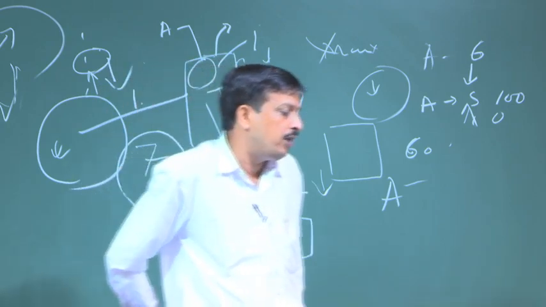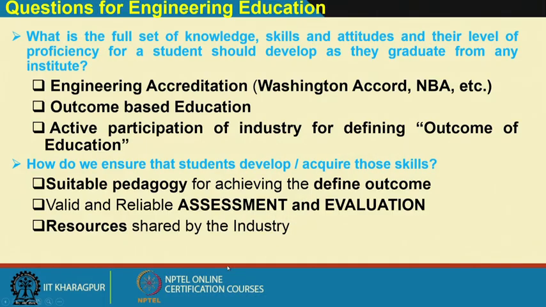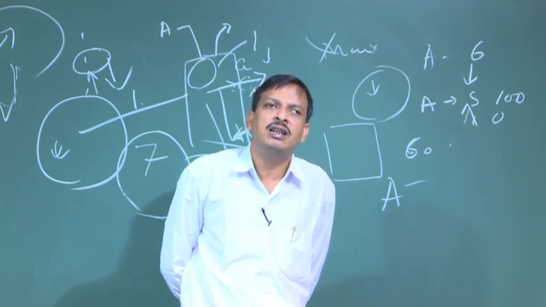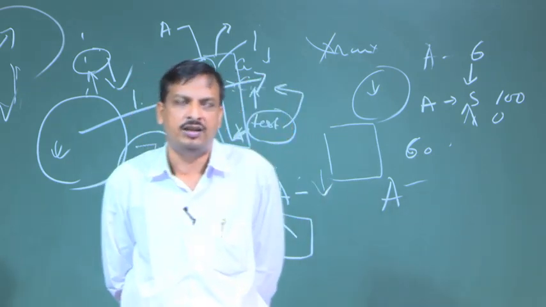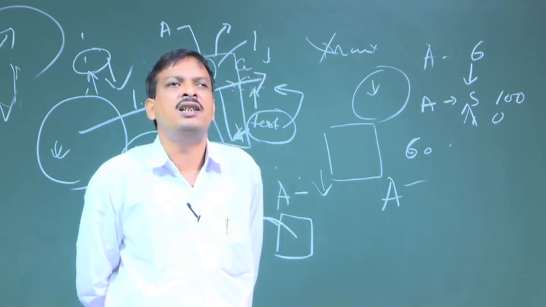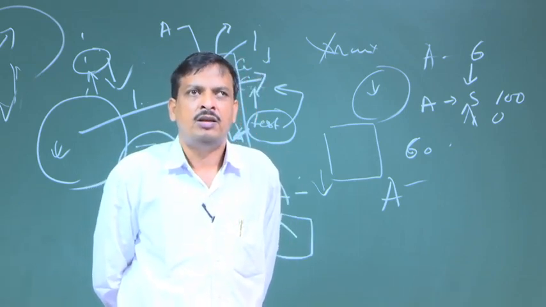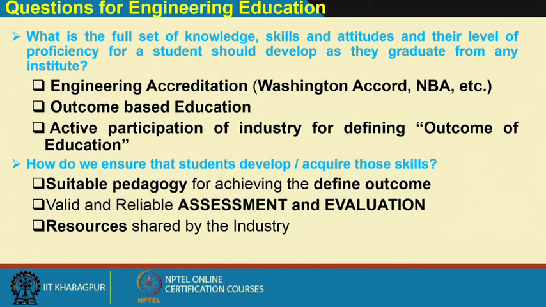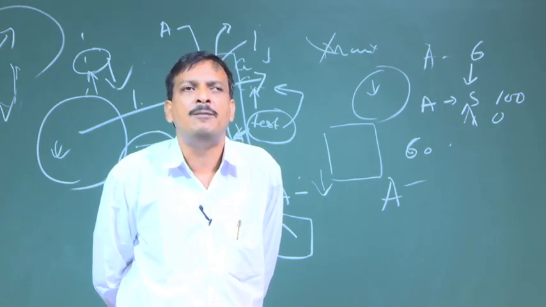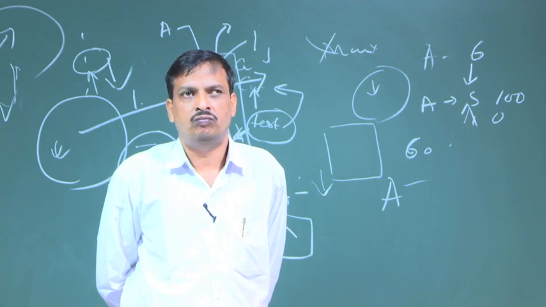So, question number 2 can be achieved by these 3 statements. I can say that to produce industry-ready engineers in the Indian engineering context, this 3 and 3, these 6 processes have to be actively followed.